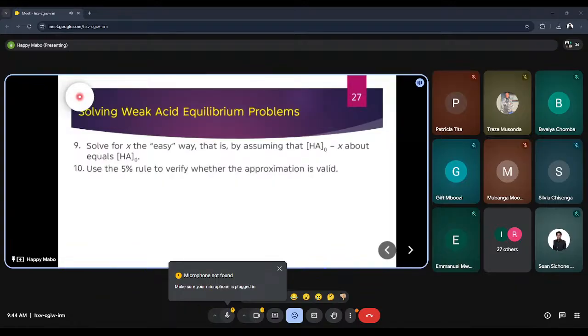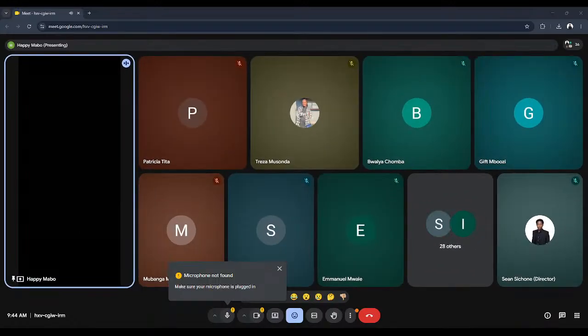The second last step would be to use the 5% threshold.